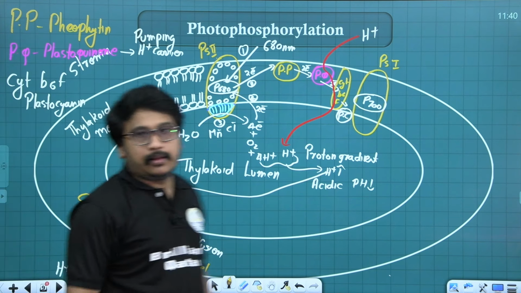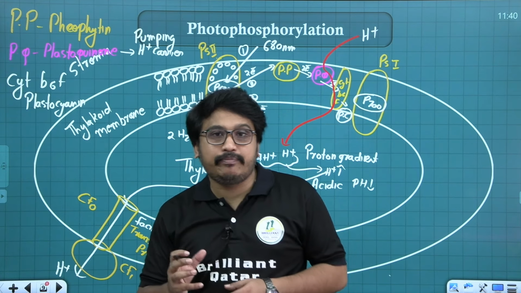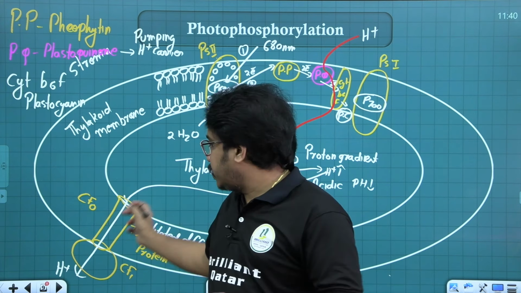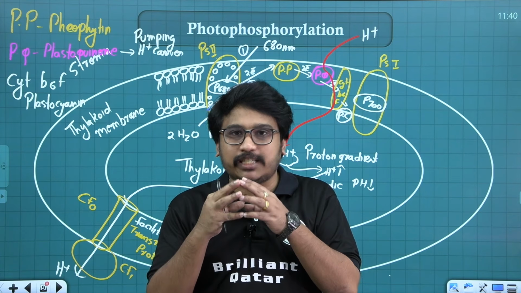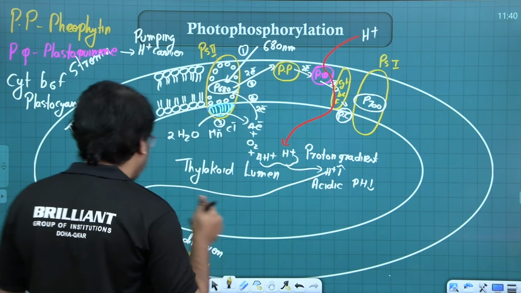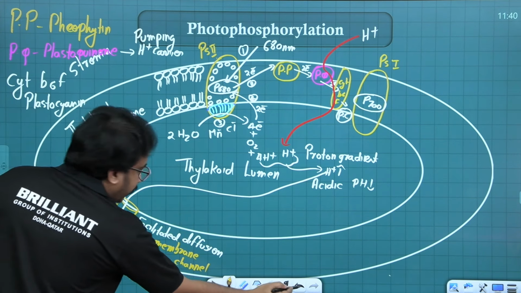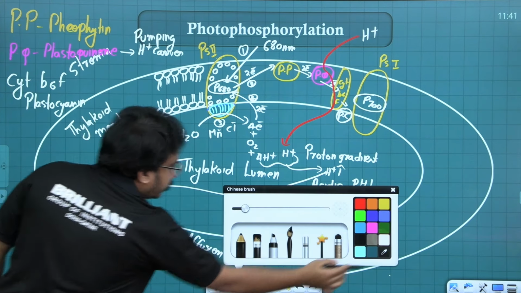CF1. That CF1 particle is having an enzyme ATP synthase. So in ATP synthase, when this H+ is moving through it, the conformation, meaning the structure, will change. When the structure of this enzyme is changing, there is attachment of two particles at this location.